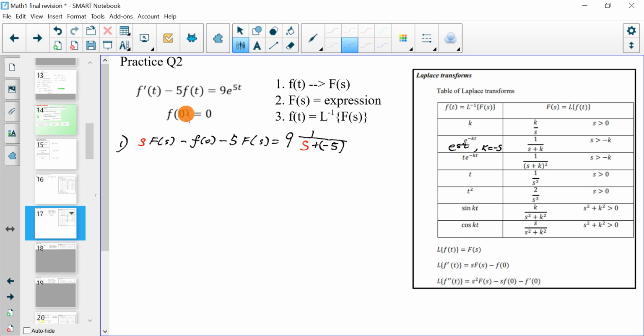We know that this piece is going to be 0, so that can disappear. So just rewrite the left-hand side with f of 0 equals 0 substituted in: s f of s minus 5 f of s equals 9 times 1 over s minus 5.